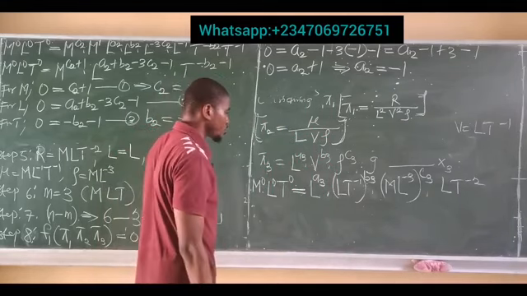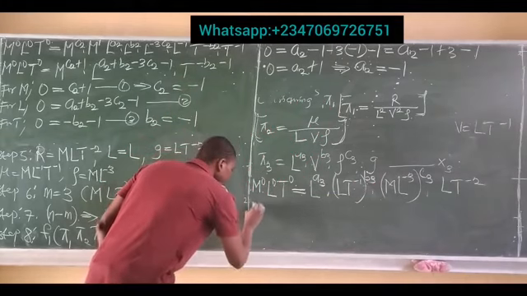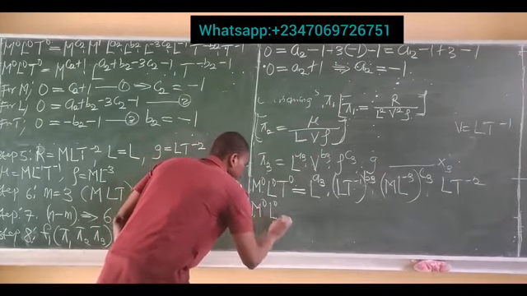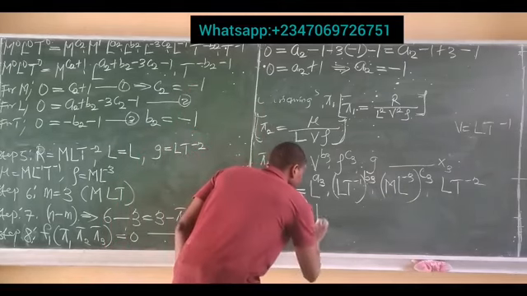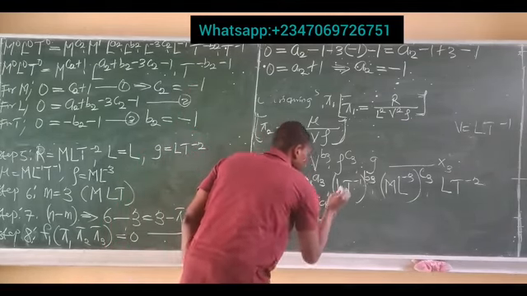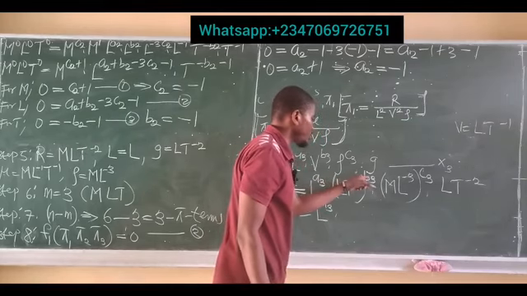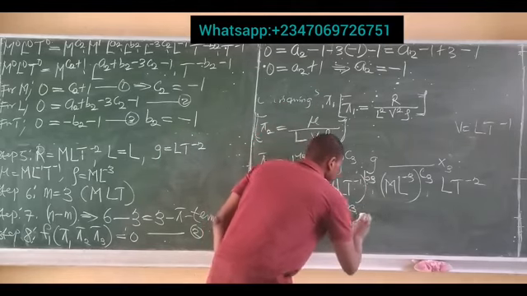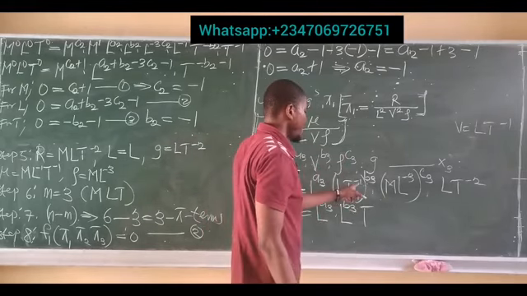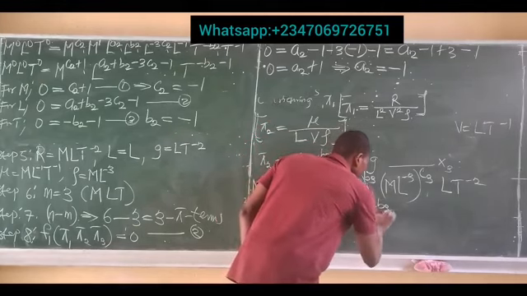As usual, expand the bracket now with the powers. I'm going to have M to the power of 0, L to the power of 0, T to the power of 0 now equal to: this remains L to the power of A3, times L multiplied by, the power here is 1, multiplied by B3. This gives me L to the power of B3. Same thing, T: the power of T here is minus 1, minus 1 times B3 gives us minus B3.